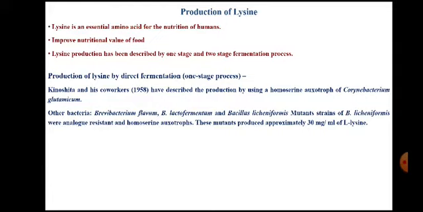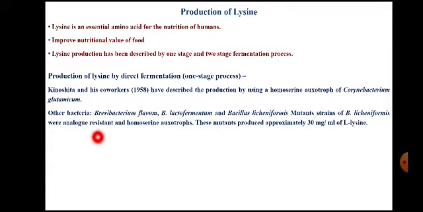Kinoshita and his co-workers, they have described the production of lysine by using a homoserine auxotroph of Corynebacterium glutamicum bacteria. There are certain other bacteria like Brevibacterium flavum, species of Brevibacterium, then Bacillus licheniformis are the major producers.